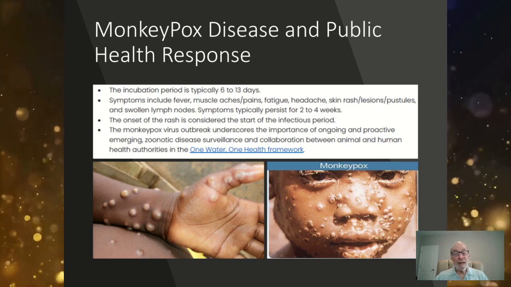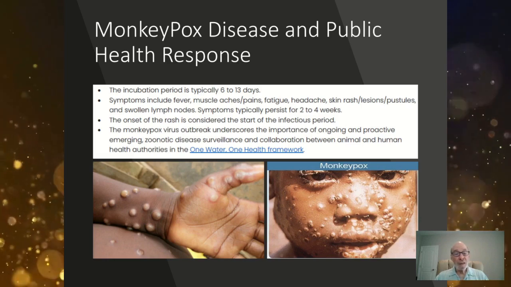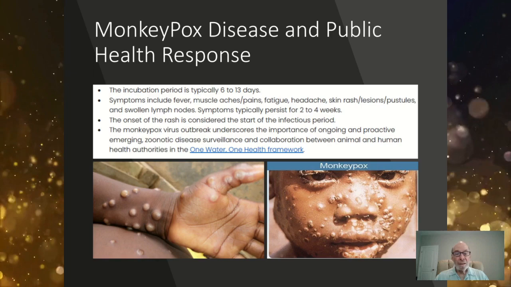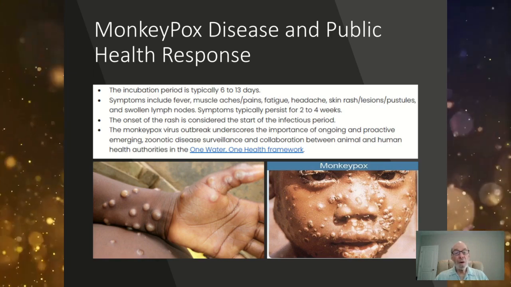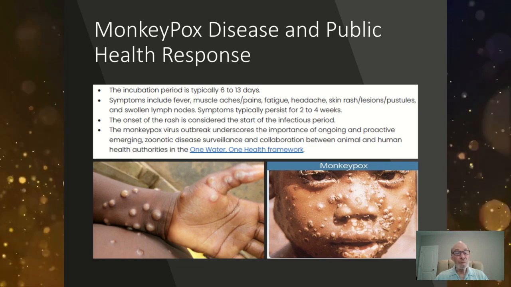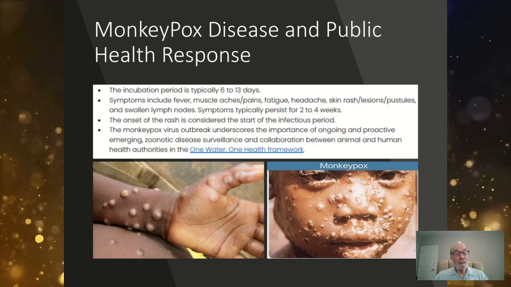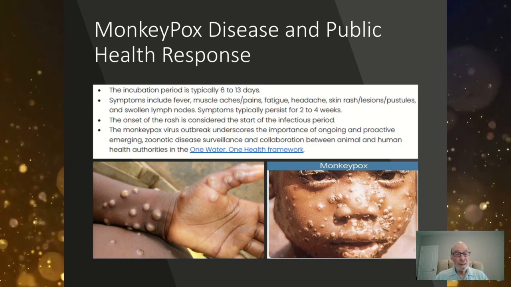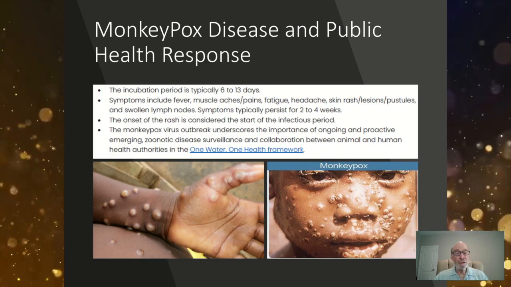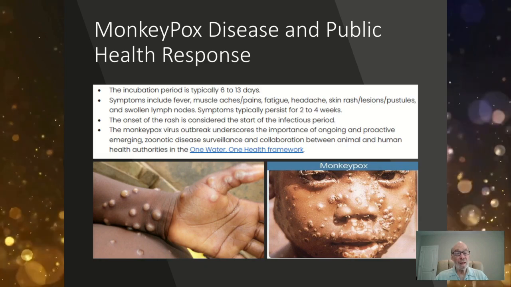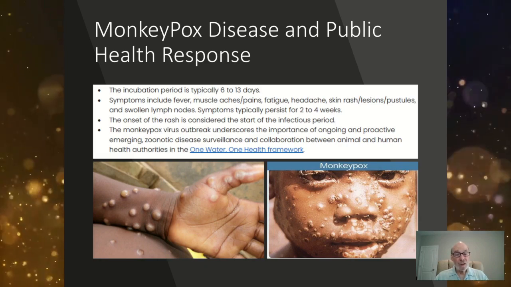The infection can last for 2 to 4 weeks, occasionally longer. The rash tends to spread from the upper part of the body down, characteristically to the arms and hands. It's these lesions that appear on the skin that are of great concern, because that's where the virus is located in high concentration.